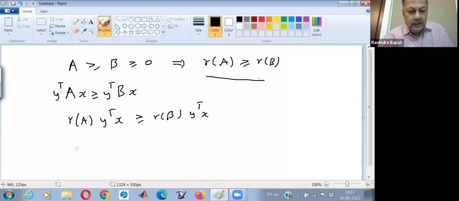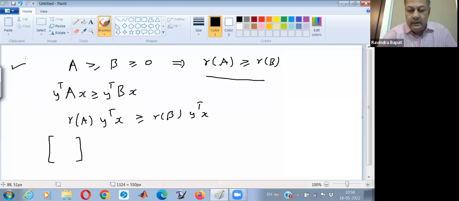One more important point: for these inequalities, you can always assume without loss of generality that the matrix is irreducible or even positive. For this result, I could have assumed that A and B are positive, because for non-negative matrices it will then follow by continuity.